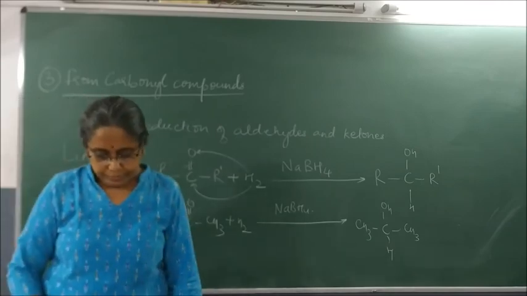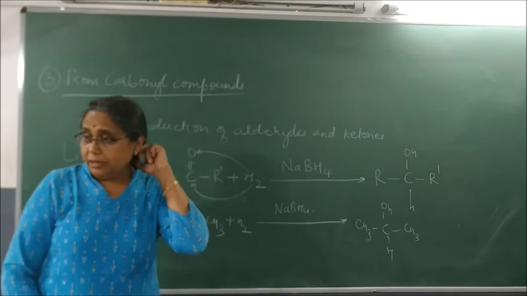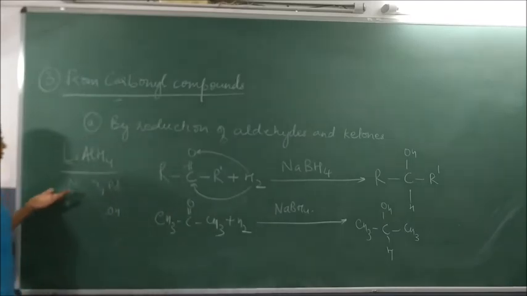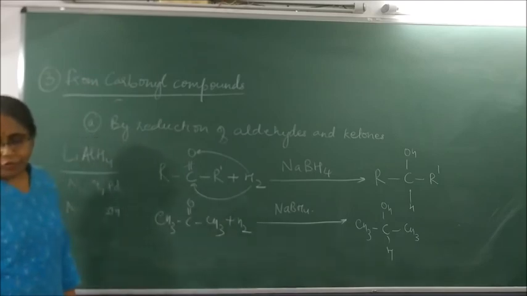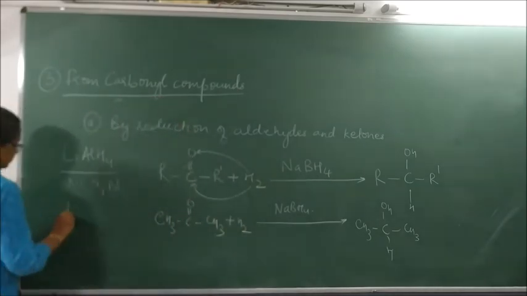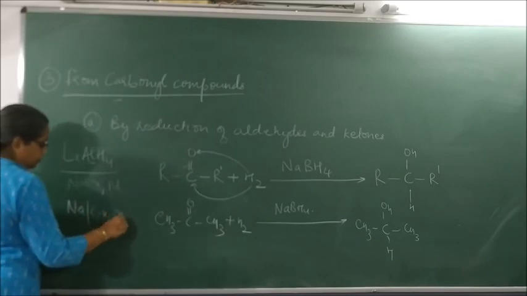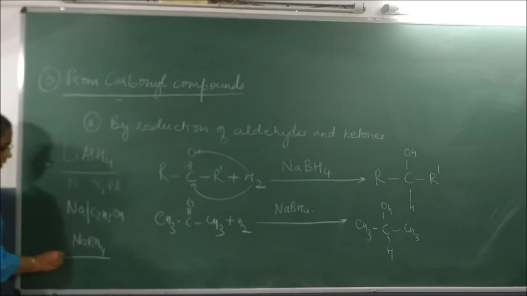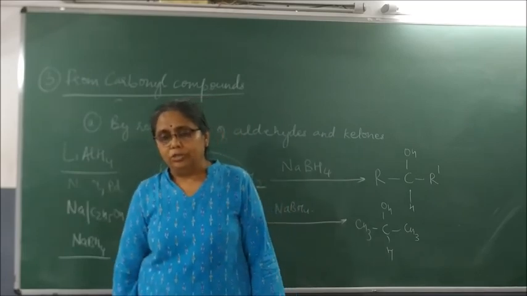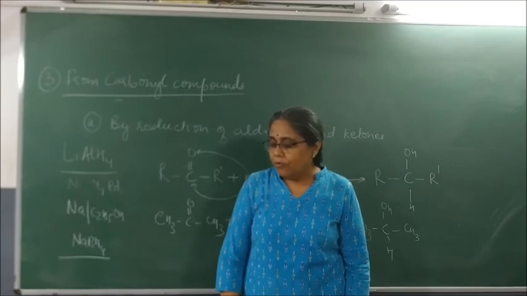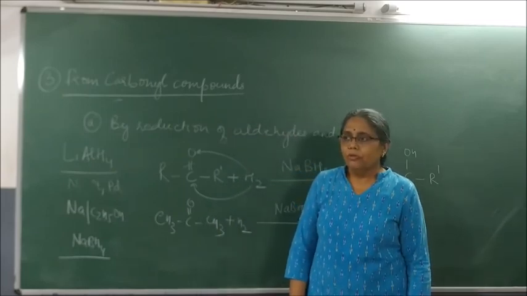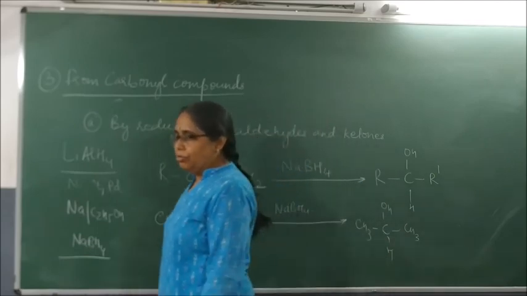Reducing agents like LiAlH4, Na with ethanol, NaBH4 can be used for reduction of aldehydes and ketones to alcohol.